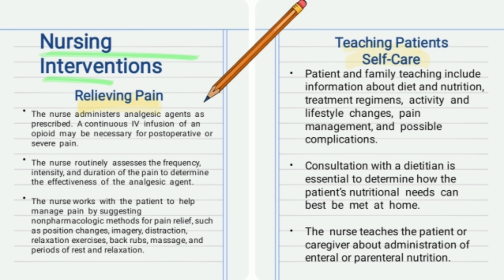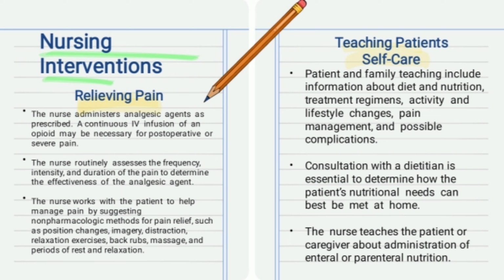So the nurse also works with the patient to help manage pain by suggesting non-pharmacological methods for pain relief such as positioning, imagery, distraction, relaxation exercise, back rubs, massage, and periods of rest and relaxation.